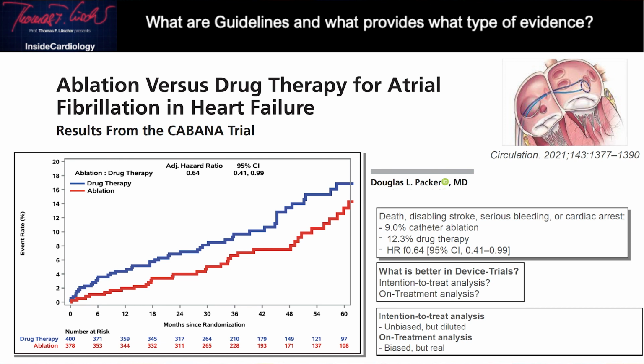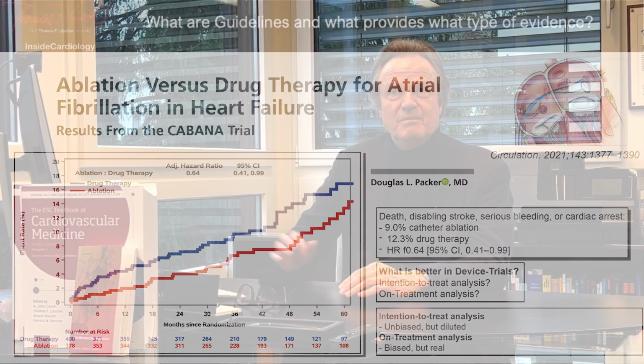I think we should really look at both to understand what's going on. The intention to treat analysis is unbiased, but it's diluted. The on-treatment analysis is biased, but it's real. So, although the New England Journal doesn't allow on-treatment analysis, we should always read this as well to reach a good decision. So how do we go from evidence to recommendation?